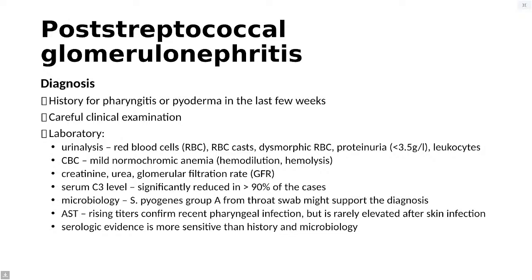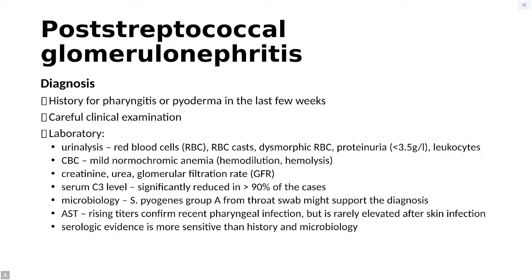Urine analysis: red blood cells, casts, dysmorphic erythrocytes, proteinuria less than 3.5 gram per liter. From CBC, there is a mild normochromic anemia. It is due to hemodilution and hemolysis.